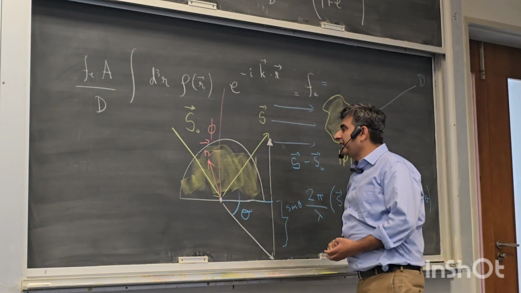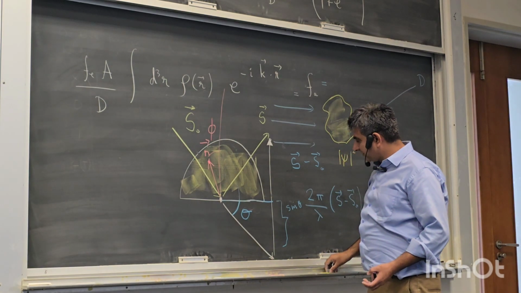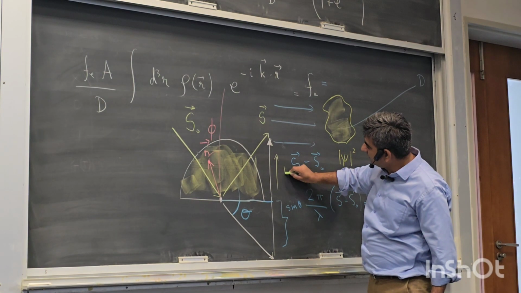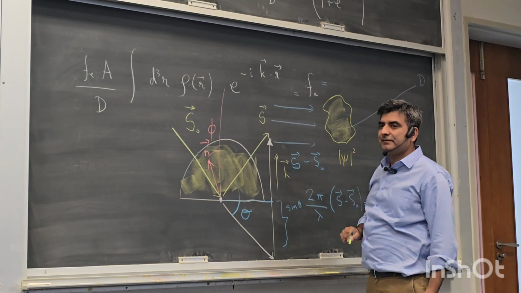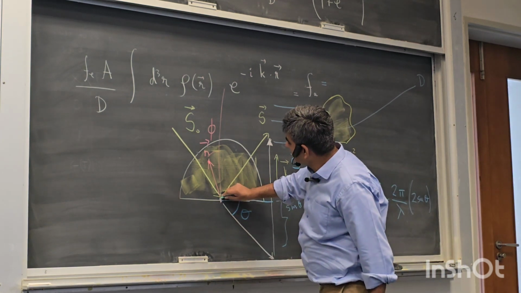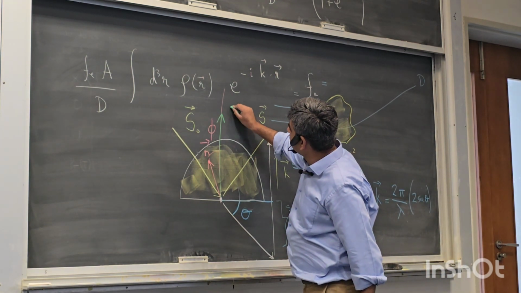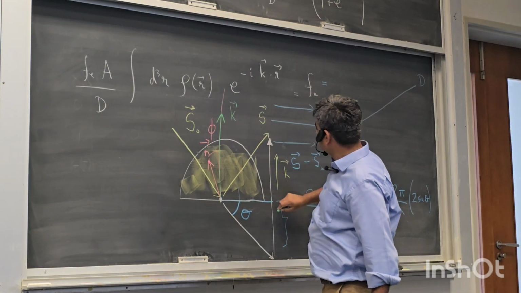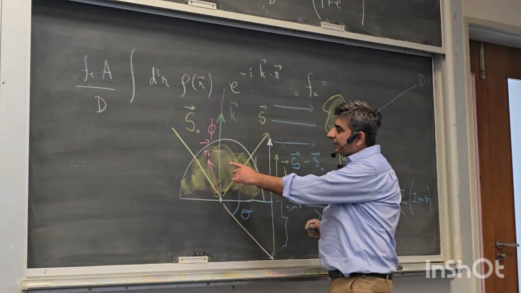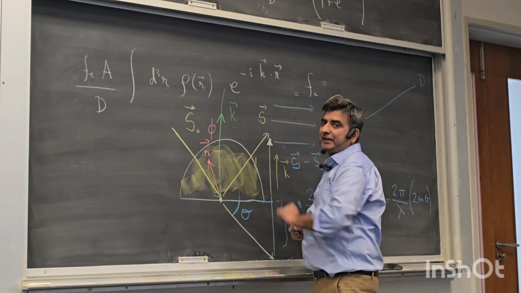This vector k points in this direction, which is s minus s naught, and the angle between r and k is phi.